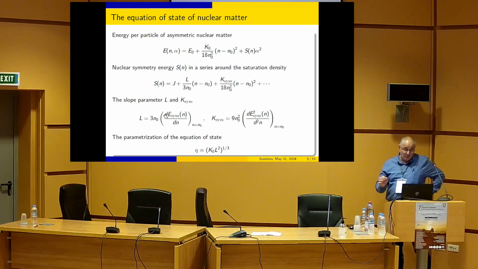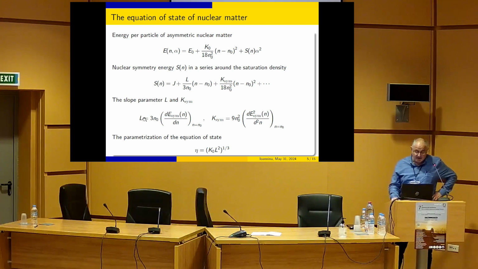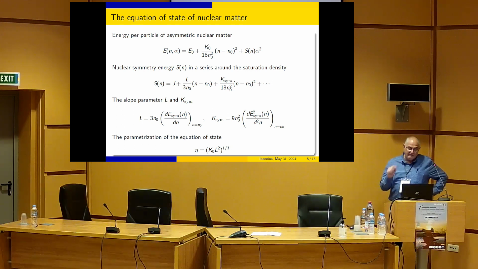The main quantity in this study is the slope parameter, which is related to the stiffness of the equation of state. We also use the incompressibility related to symmetric nuclear matter. We combine these two parameters, the compressibility and the slope parameter, in this way into a new parameter, and so we have just one parameter to construct the equation of state.